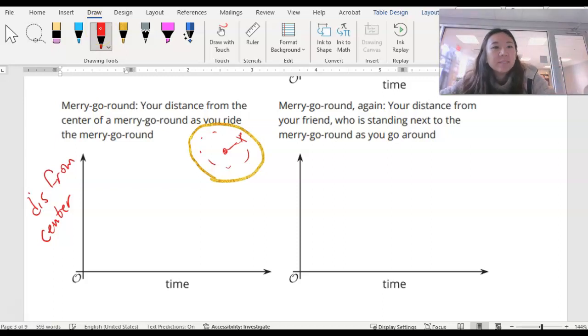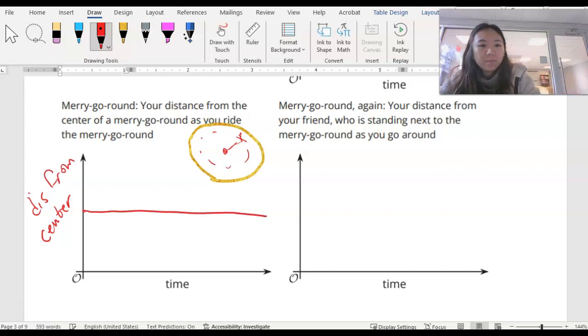And so in this case, let's say I'm like 5 feet from the center of the merry-go-round, my distance is going to stay at 5 feet the whole time as I move around. My distance relative to other things is changing, but my distance to the center is going to be the same. So this should be, that's not the best straight line, but that's a straight line.